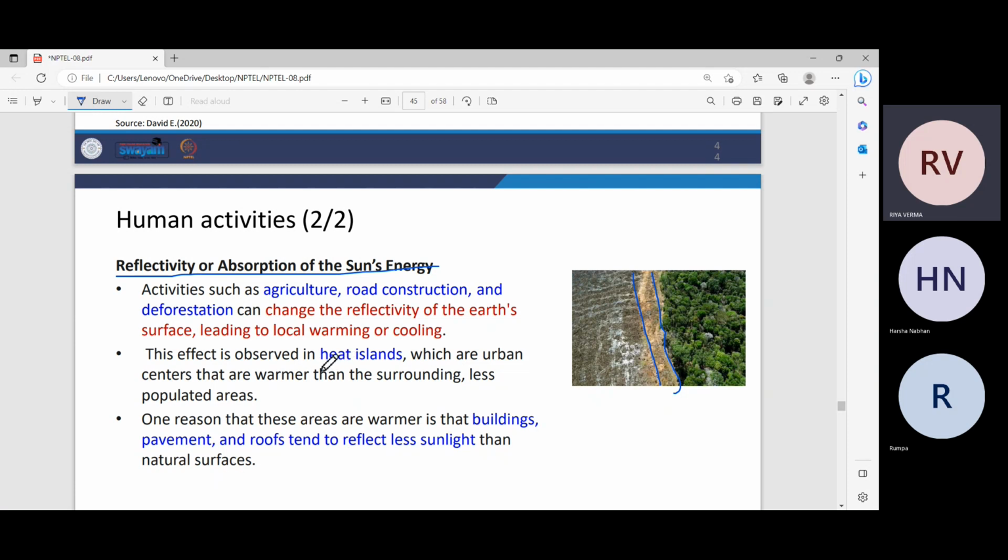This can be observed in cities such as Mumbai, Delhi, where heat wave warnings are issued in the summer seasons, because they have a lot of buildings, pavements, and construction, and a lesser amount of greenery, which tends to reflect the heat. And these buildings and pavements reflect less sunlight and absorb more sunlight, and thus the temperature rises.